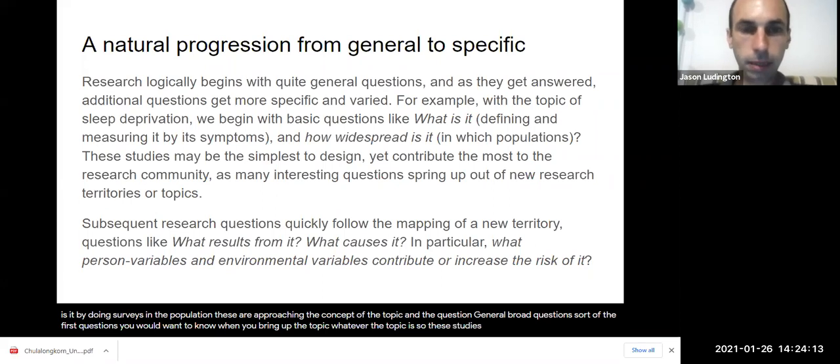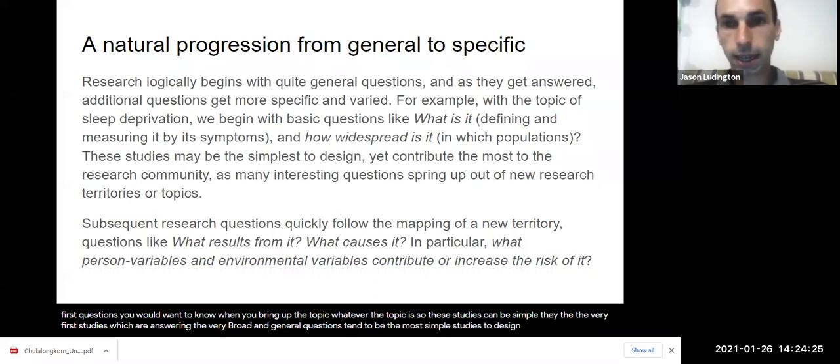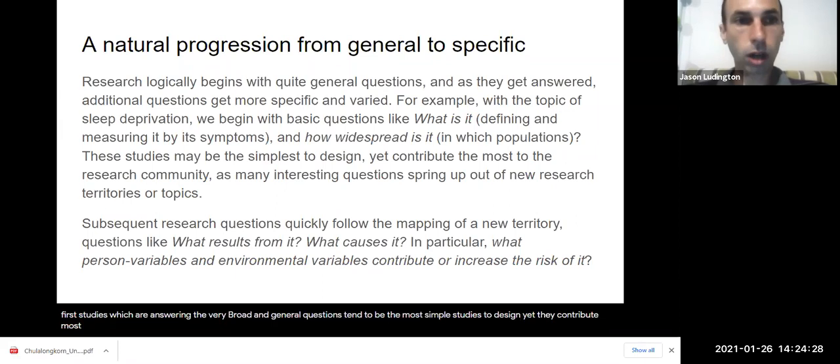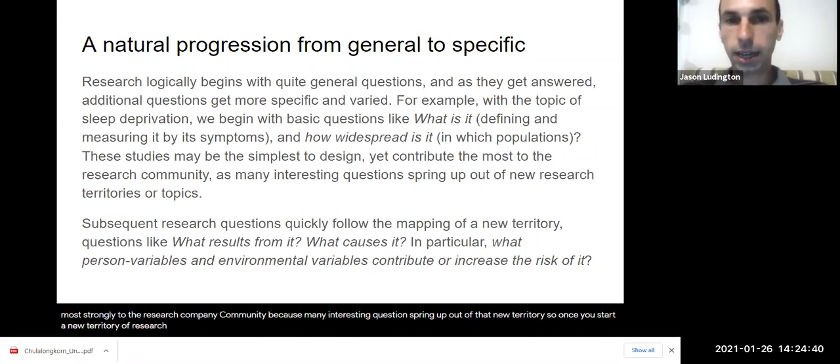So these studies can be simple. The very first studies, which are answering the very broad and general questions, tend to be the most simple studies to design, yet they contribute most strongly to the research community, because many interesting questions spring up out of that new territory. So once you start a new territory of research, you tend to draw a lot of interest to it, even if your research design is not complex.